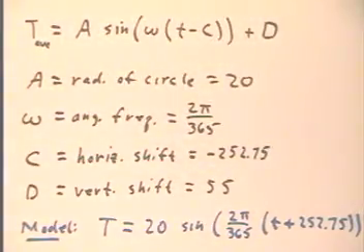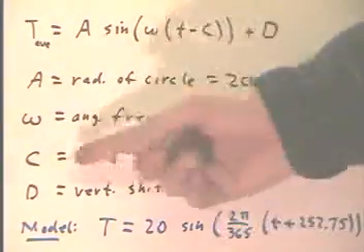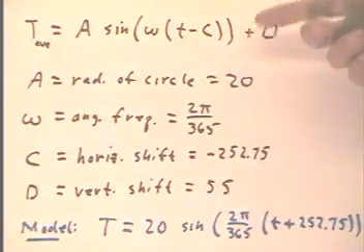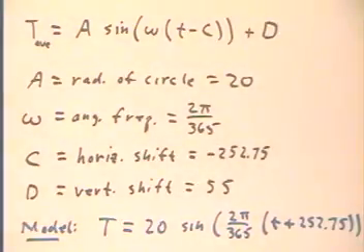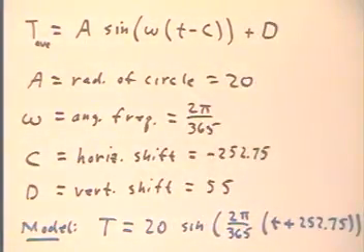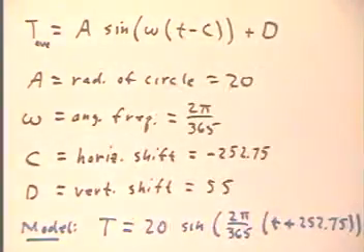A is going to be the radius of the circle, which is 20, because of course that's going to give us the amplitude. Omega is the angular frequency, 2 pi over 365. C is our horizontal shift. By subtracting the horizontal shift from t, that accomplishes the horizontal shift that we want, and you should understand that from first semester. And d is our vertical shift, which is the height to which we raise the center of the circle. Since the center of the circle is at 0 for a standard sine function, then when we shift it up to y equals 55, we vertically shifted it by d.